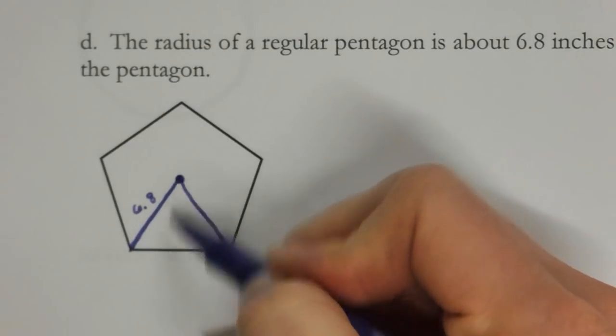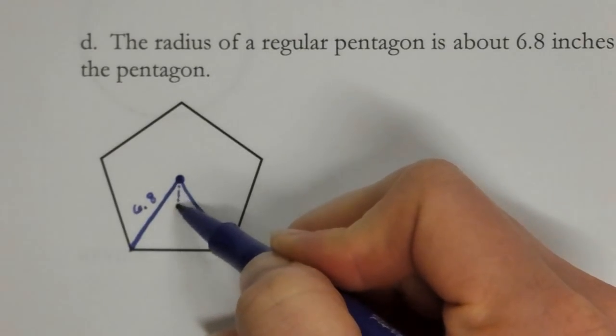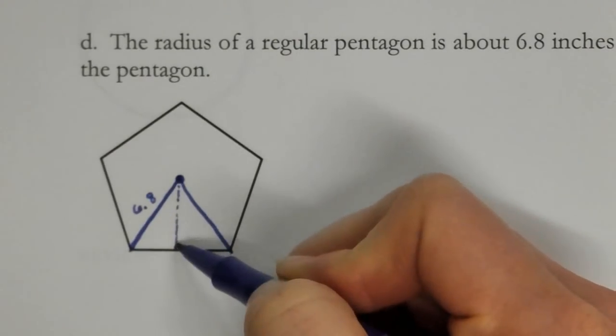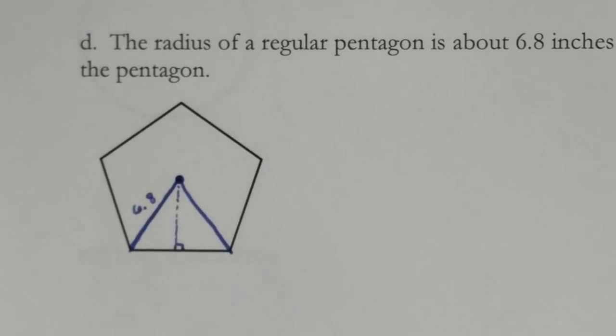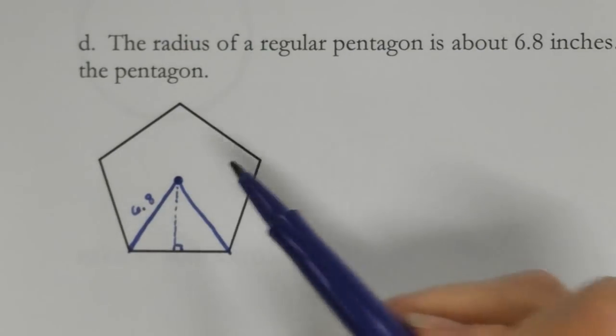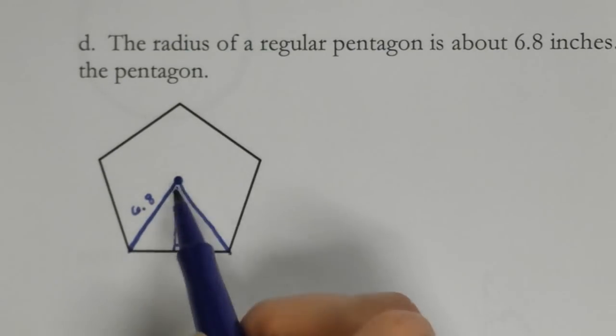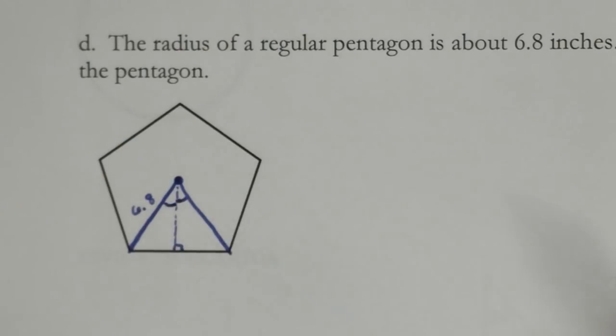Now, what we need to do is find this length right here, which is the height, and the side length. We don't have either of those. So this is going to be a little challenging. This is going to be one of the more challenging ones. These are going to be like our level 2s and 3s. So what you need to do is find this angle here.